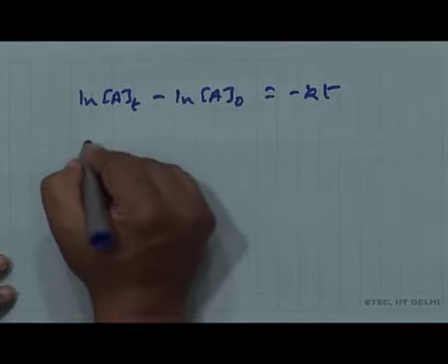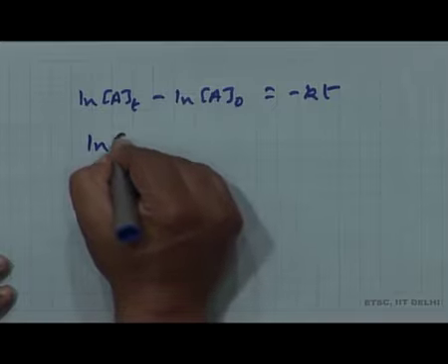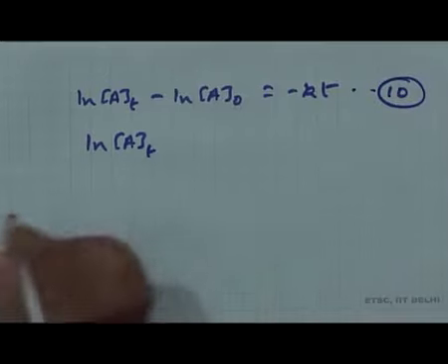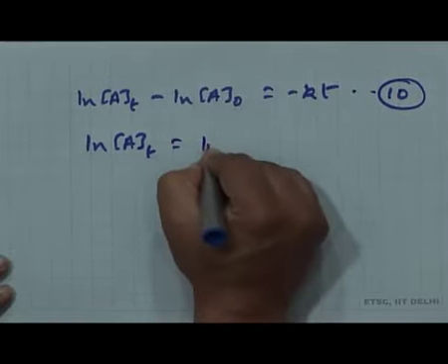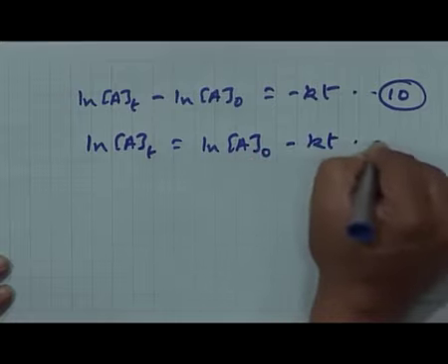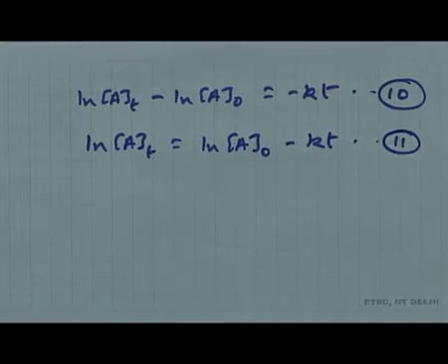So this can be again written as natural log of A t is equal to natural log of A naught minus Kt, let this be 11, right.